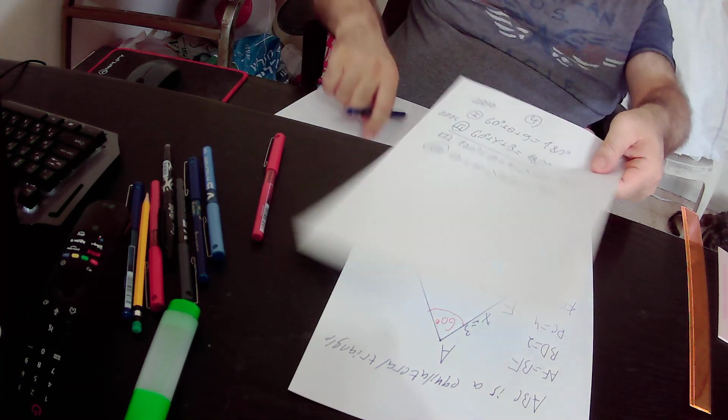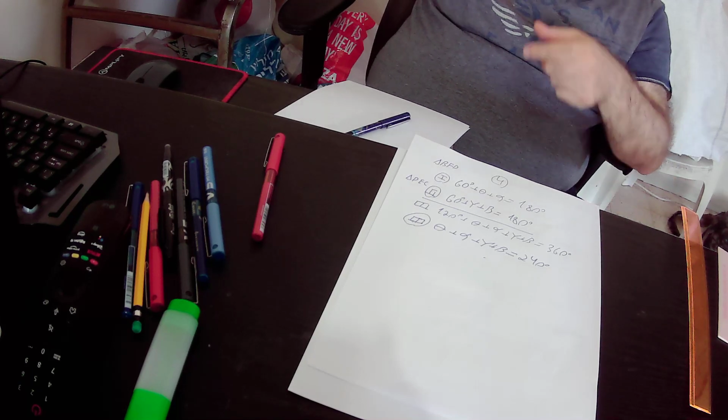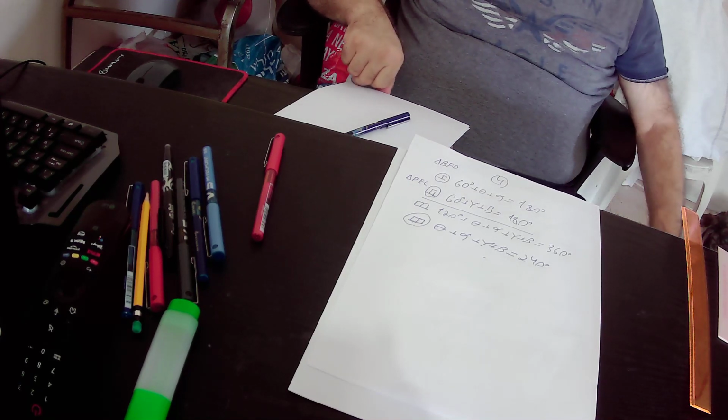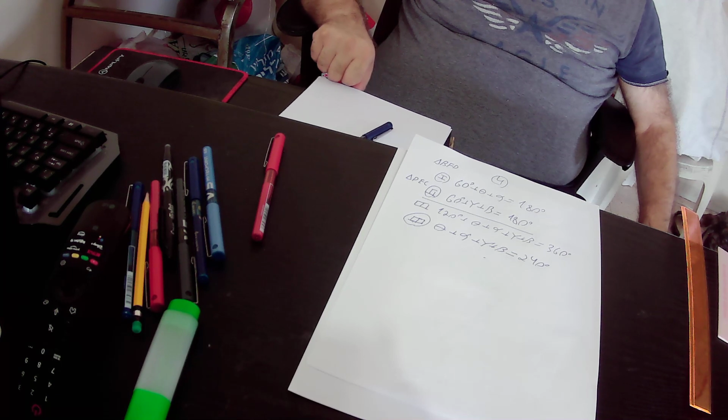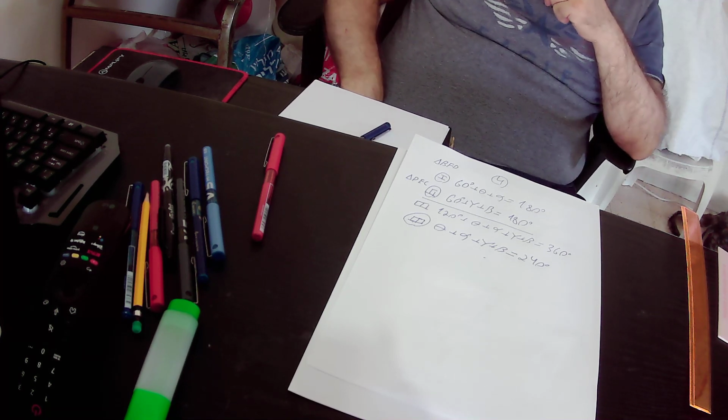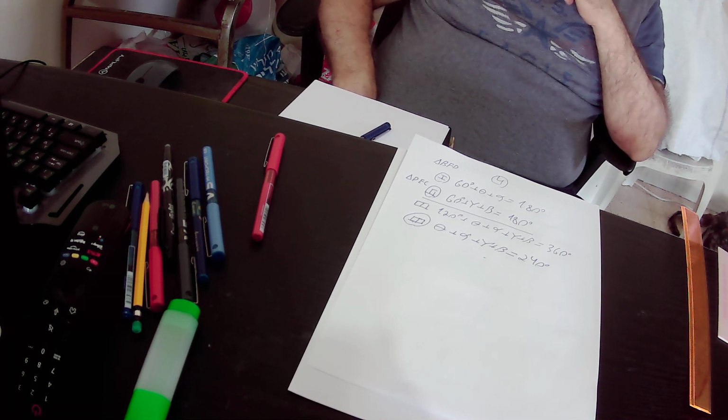Okay, we subtracted from the third equation and we got that theta plus alpha plus gamma plus beta equals 240 degrees.